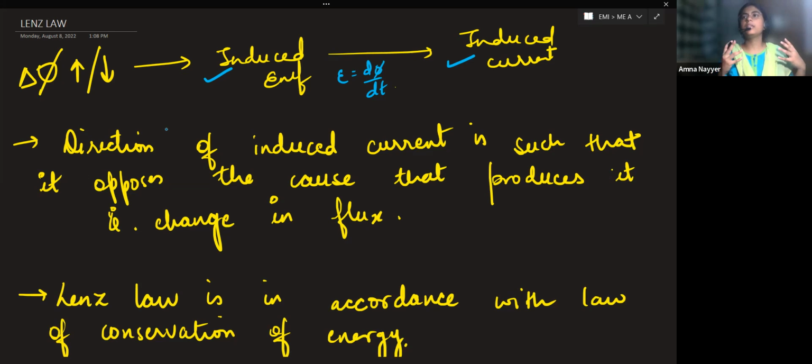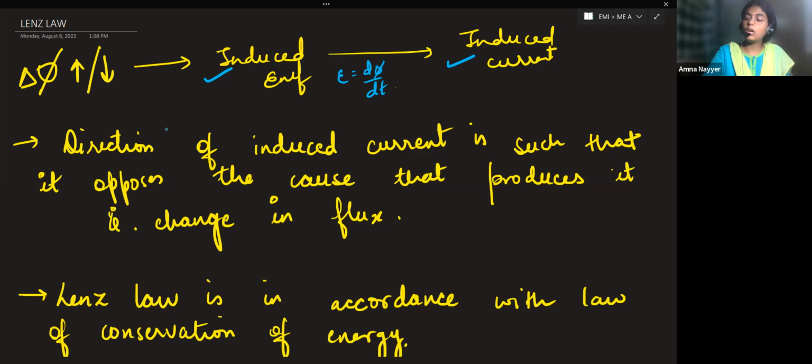For example, say magnetic flux is increasing. The number of magnetic field lines are increasing, magnetic flux got increased. When magnetic flux got increased, there was an induced EMF, and because of this induced EMF, you had an induced current. So when there is a change in magnetic flux, induced EMF is produced and so is the induced current.